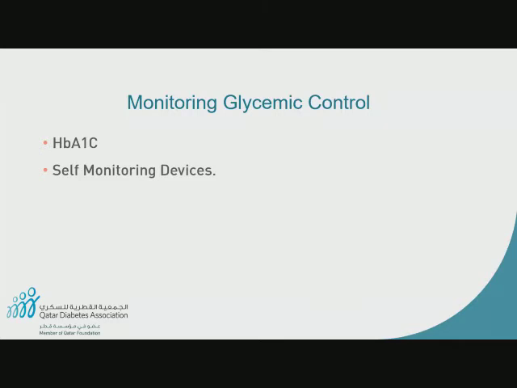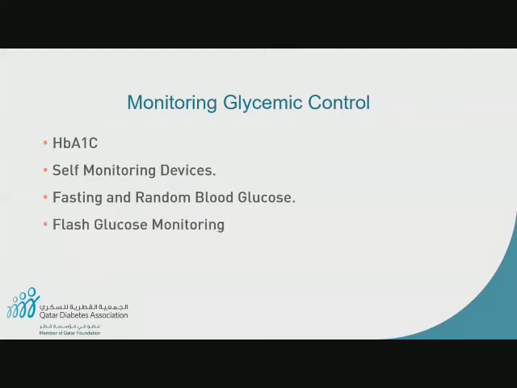At home, we use it for regular checking, for daily check, and it could check for us the fasting blood glucose, the postprandial or after meal blood glucose, and even the random blood glucose. And then we have the flash glucose monitoring devices, and we have the continuous glucose monitoring devices. We're going to talk in detail about each one of those.